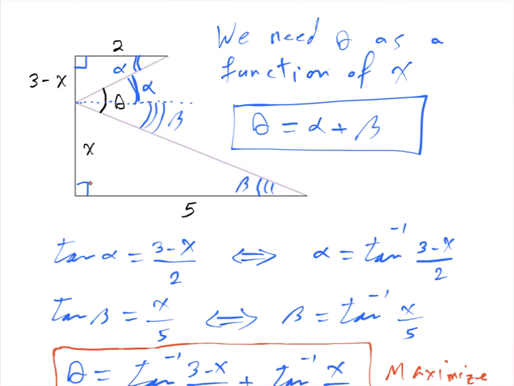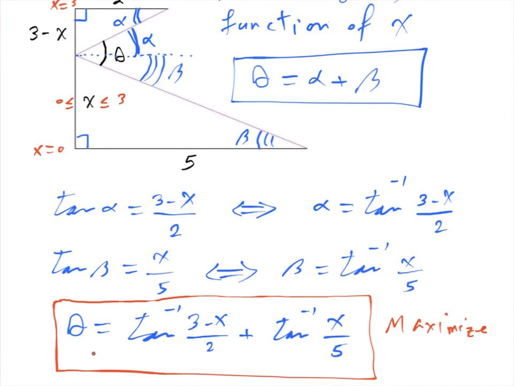And x varies between 0 and 3. Here at the bottom, x is 0. At the top, x is 3. So x is between 0 and 3, and we're looking for an x between 0 and 3 that makes theta the highest possible value.